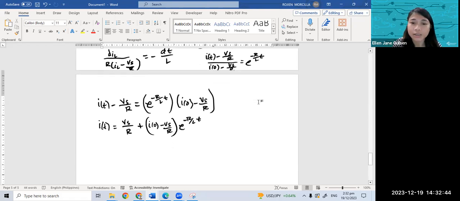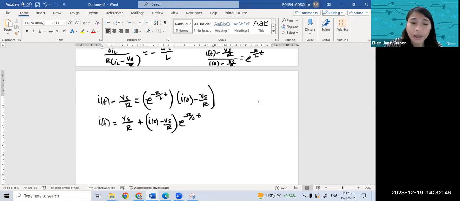So this one has the same form as the complete response, which is I at t equal to Vs over R, that's your I infinity. Voltage over resistance is your current.